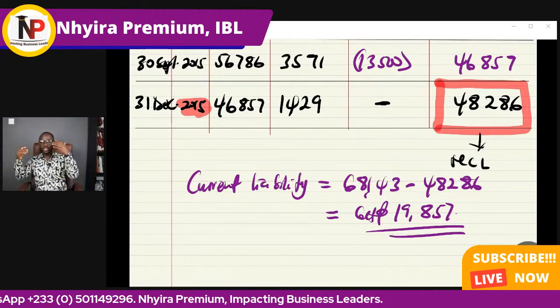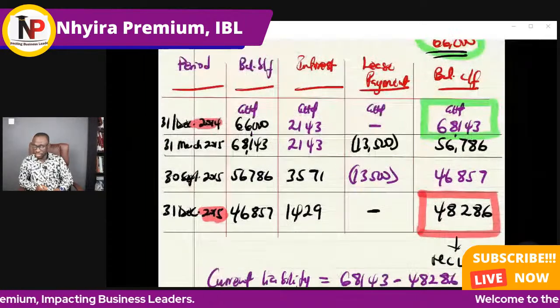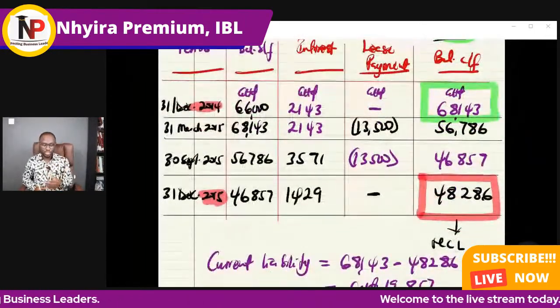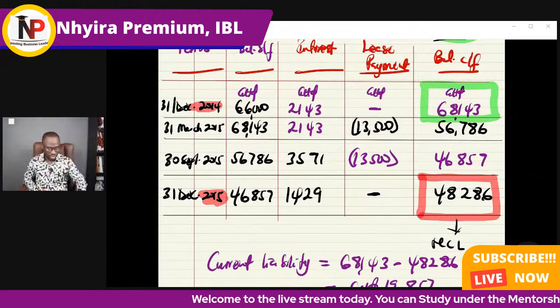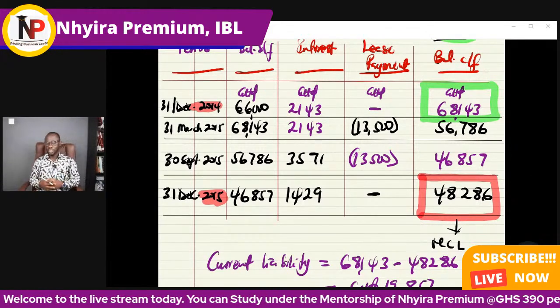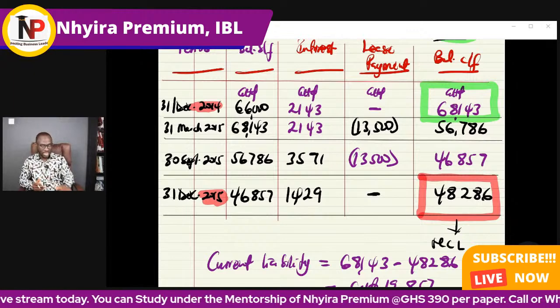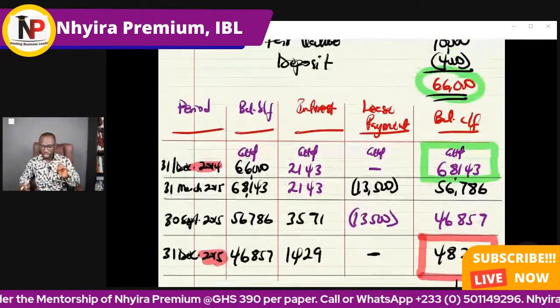So that is the current liability. This is how we split the liability into current and non-current. Why are we interested in this? Because of the financial statements that the examiner has asked us to prepare. So any questions, let me know in the chat box.